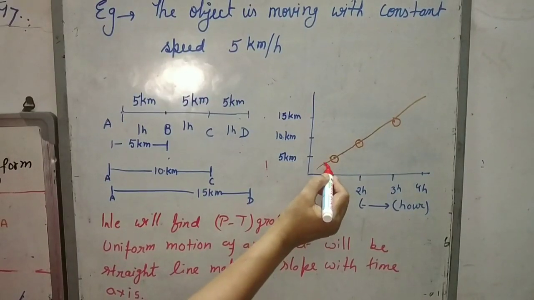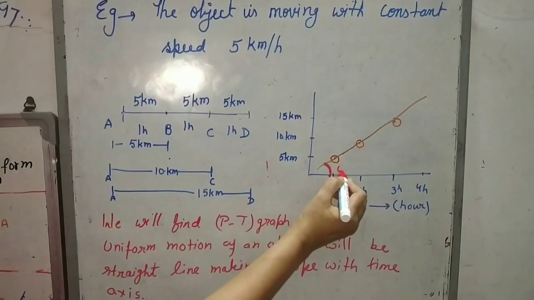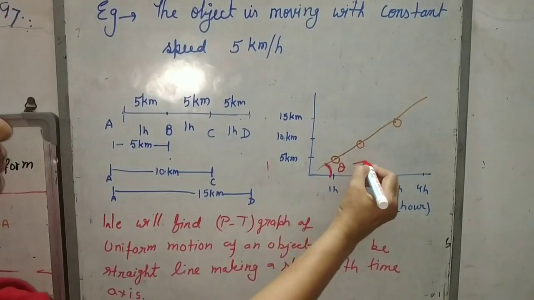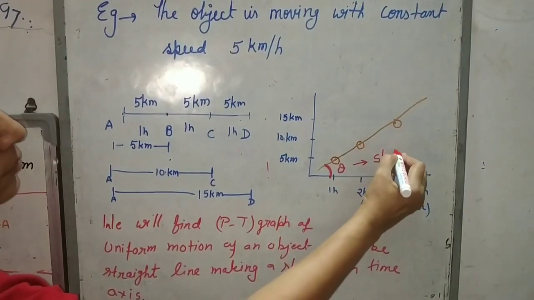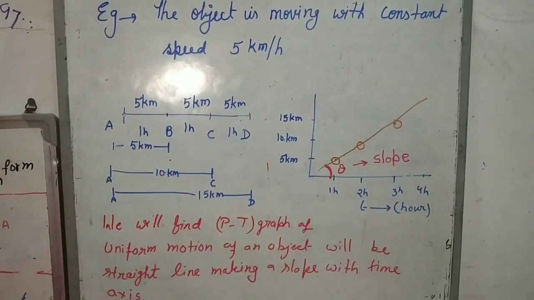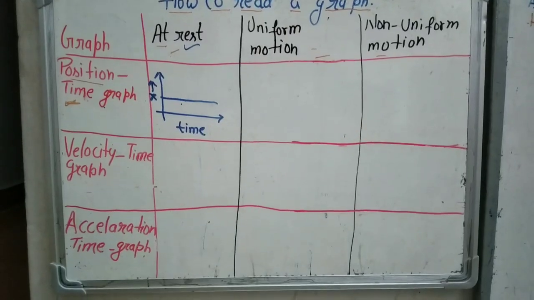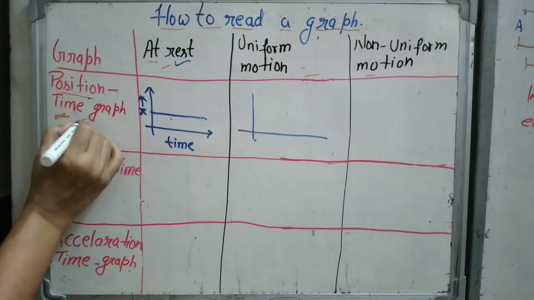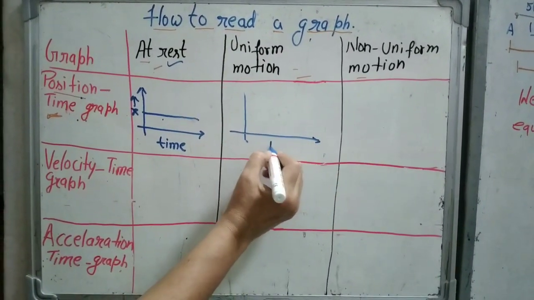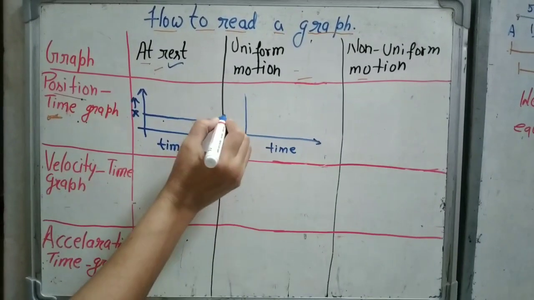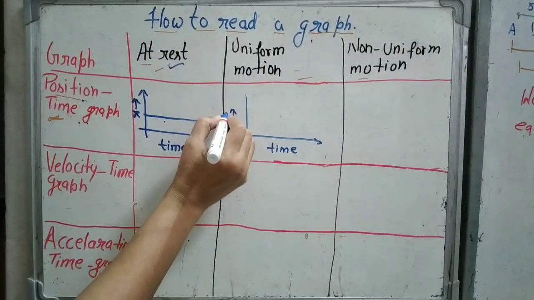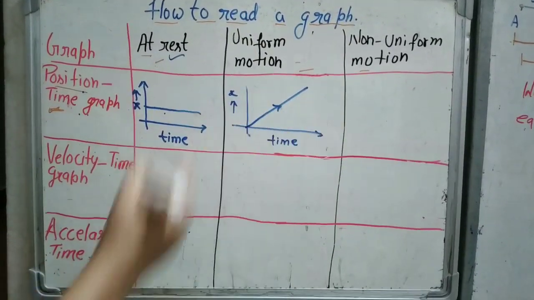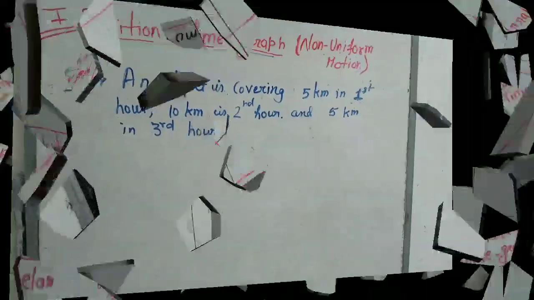Okay, now where is the slope? This angle we are making, suppose this is theta, so this will be the slope. Am I writing slope? Okay. How can we draw the graph of uniform motion of a position time graph? It will always be a line like that.